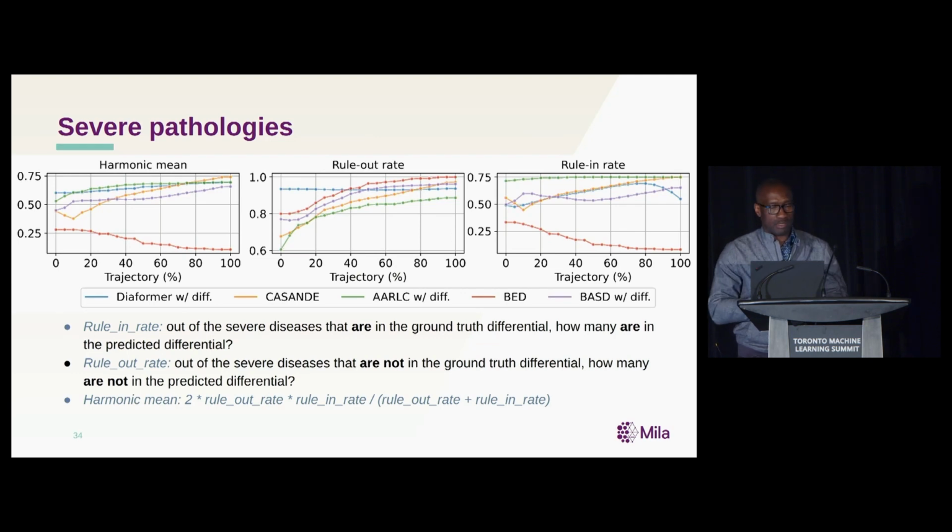So it's cautious, and with little information it is lenient in including more severe pathologies under evaluation, and those severe pathologies will be ruled out as new evidence is collected. And that is something we desire. That is the kind of behavior we wanted our system to have.